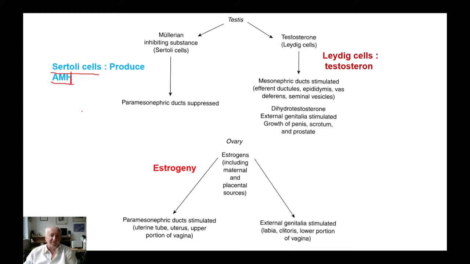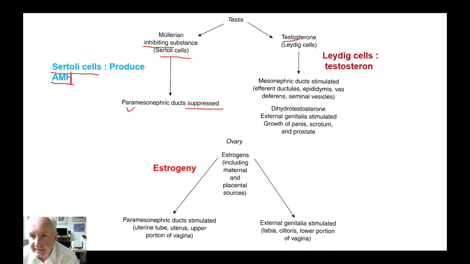In some books you can find the name anti-Müllerian factor, and this inhibiting substance produced by Sertoli cells suppresses the Müllerian duct, because the male hasn't got the uterine tube and the male hasn't got the uterus.